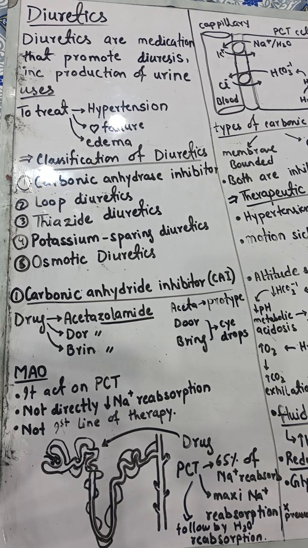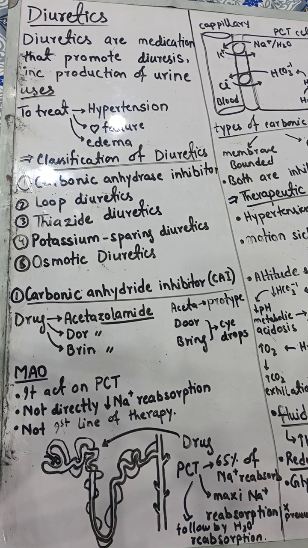Whenever there is a decrease in the volume of blood, there is a decrease in blood pressure, and as a result you can treat a person who has hypertension. In heart failure, we have to decrease the stress on the heart, and that can be done by decreasing the blood volume or the blood pressure. That's why we can give diuretics to such patients.